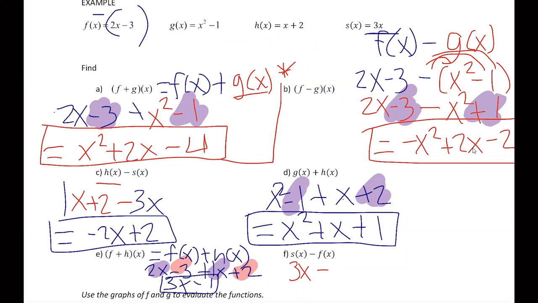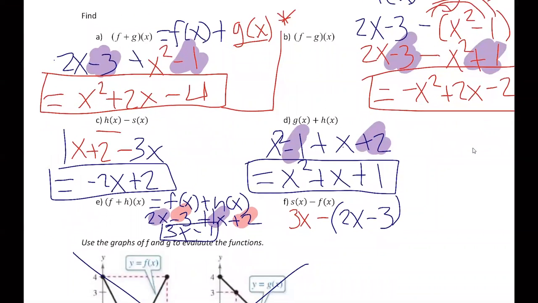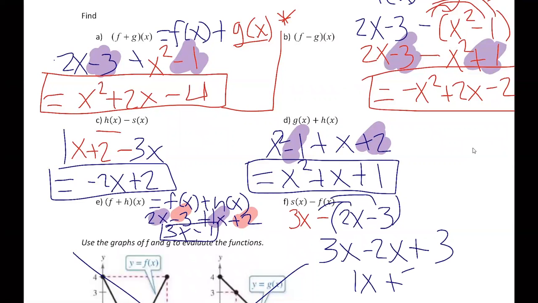So if you want to just write it or just put it in parentheses first, when you subtract this, it's going to be 3x minus 2x plus 3. I don't know if it's easier to write it like this and distribute, or just remember when you subtract, you got to switch your signs of both parts. But once you do that, 3x minus 2x would be 1x, and then the plus 3 would just come down.